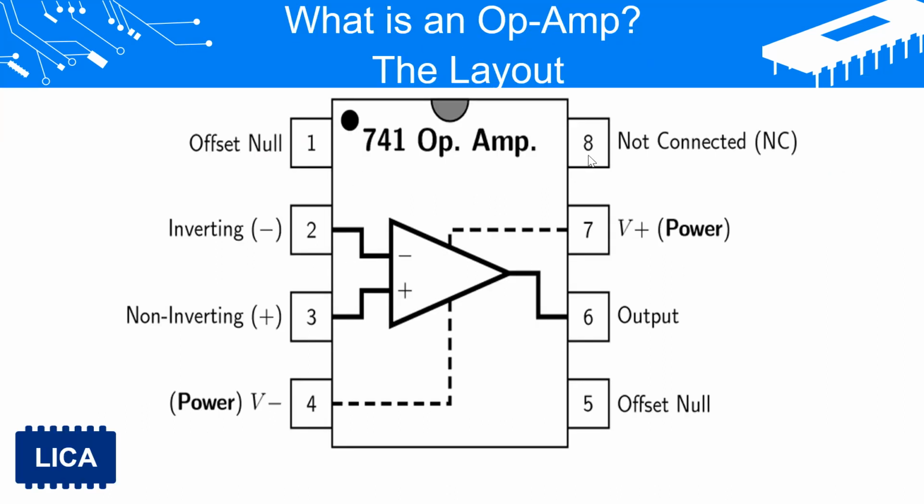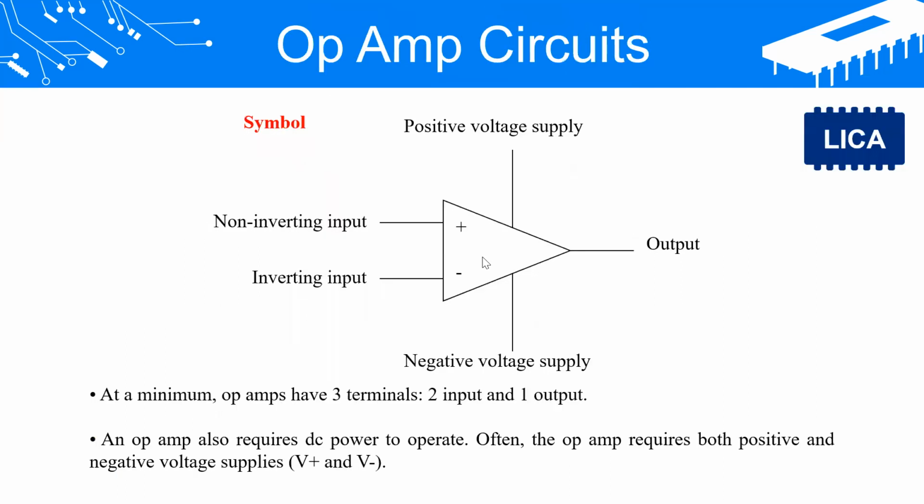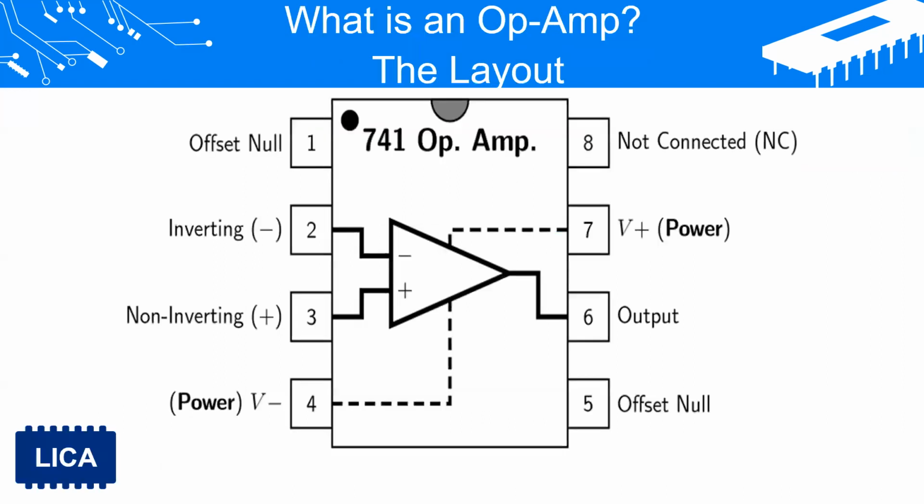Pin number 8 is not in use. So 7 functional pins in total and 4 input pins: inverting input, non-inverting input, and the power supply, a dual voltage supply we have to give. So in total we have 4 input pins and 1 output pin. That is called IC 741.